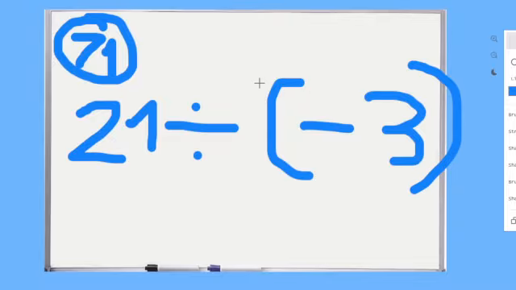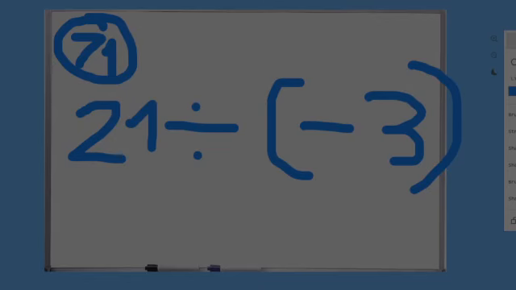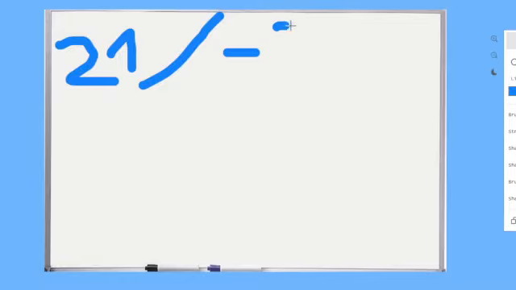So this is the question that they have. Okay, so we're gonna remove all this stuff for now. It's 21 divided by -3.